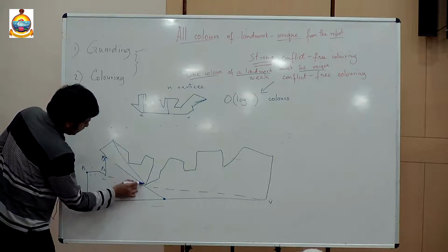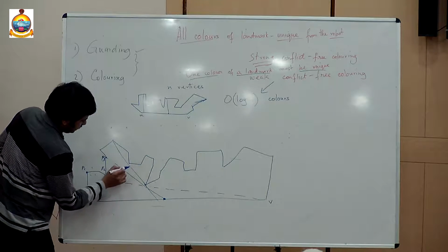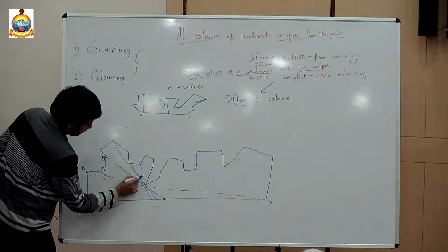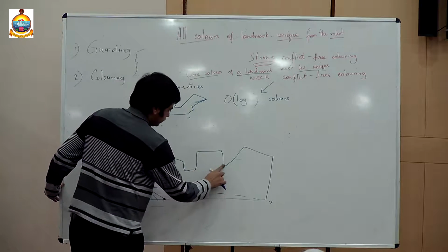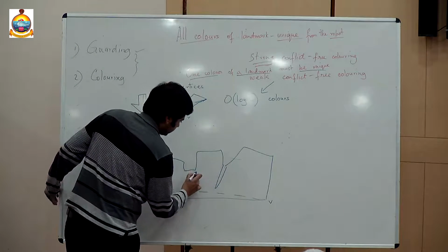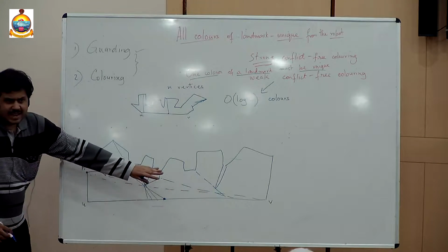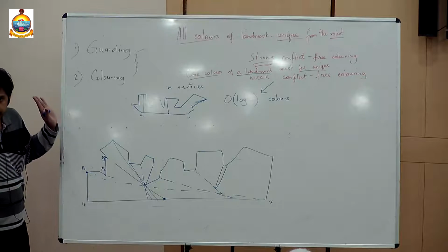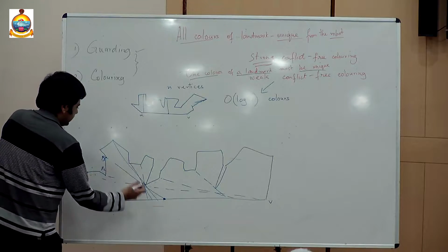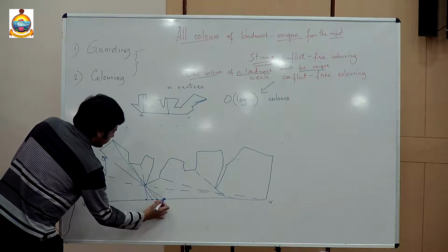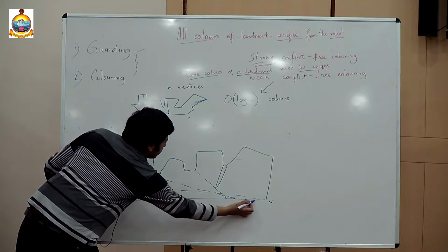Likewise, we compute these last points, and so on. There are at most n such last points on UV. So let these points be here, here, here, here, here.